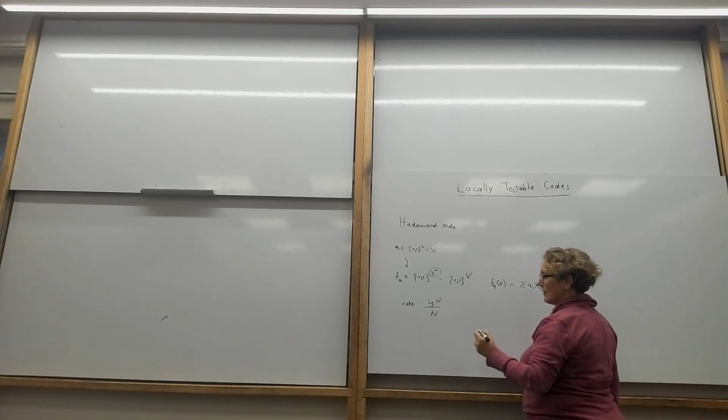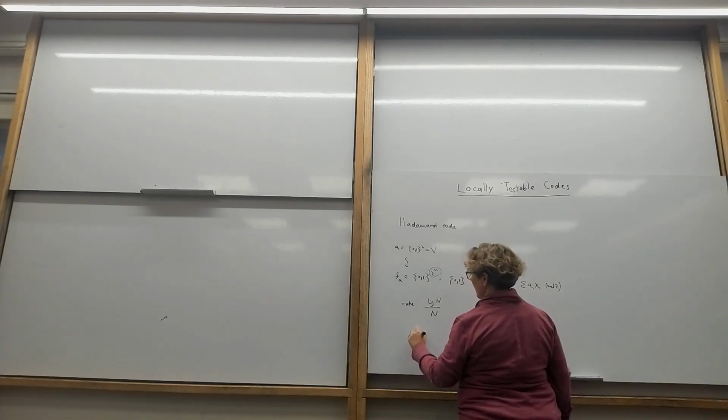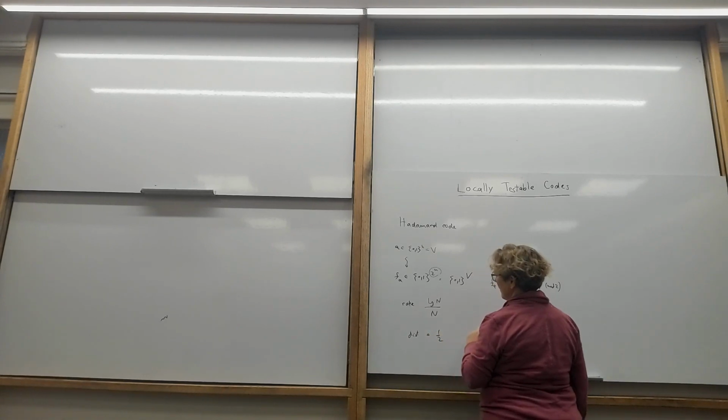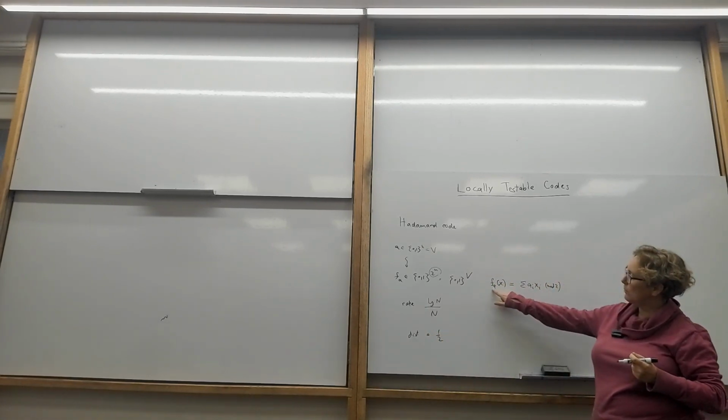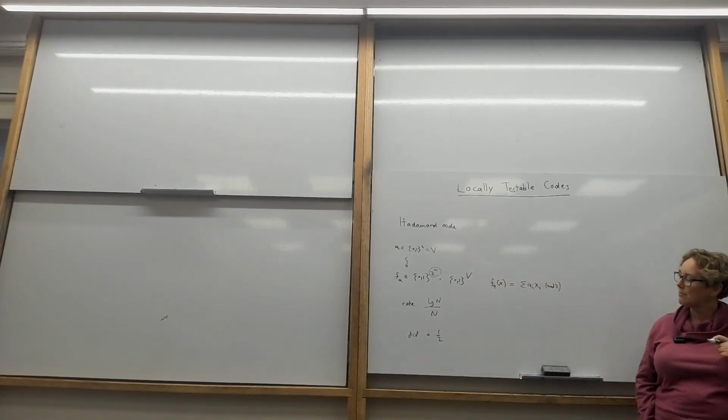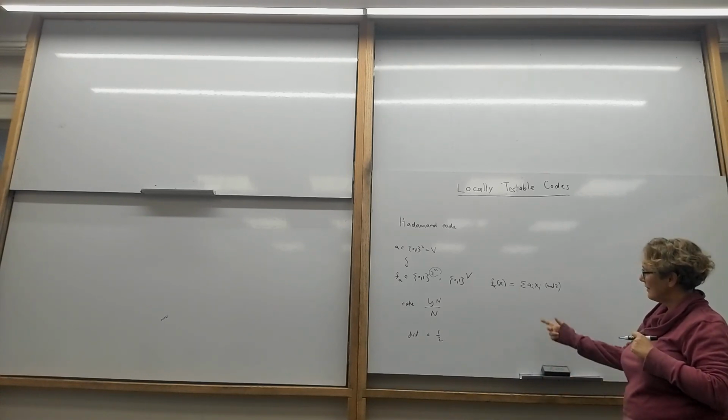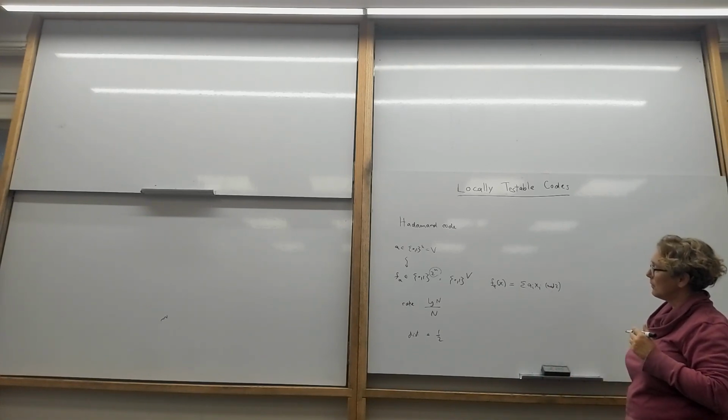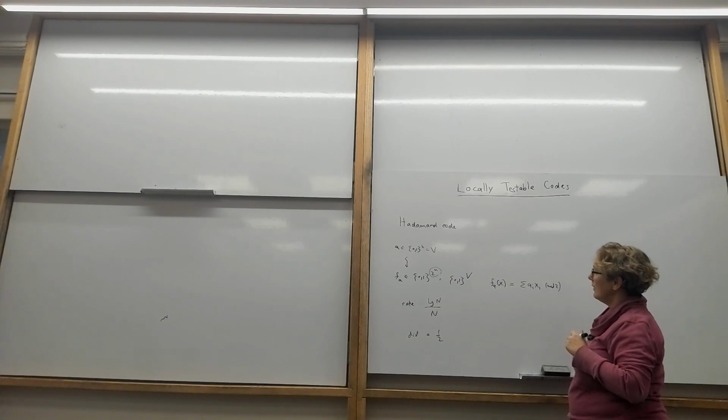features. It has constant distance, so the distance is a half. We didn't discuss it, but every two code words differ in half of their bits. And what we did discuss is the fact that it's locally testable. So how is this code tested?